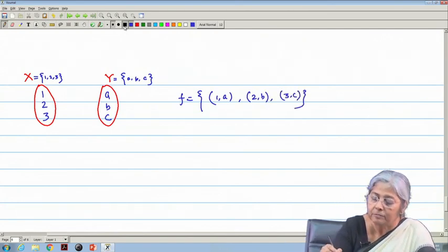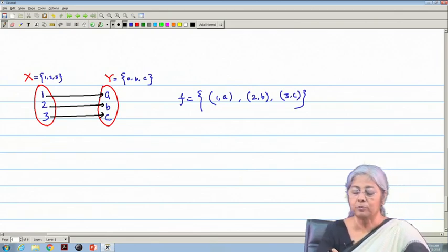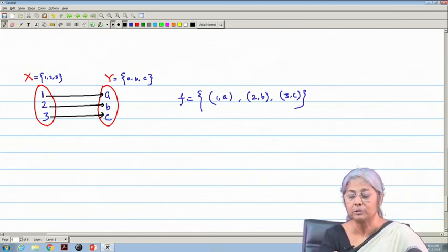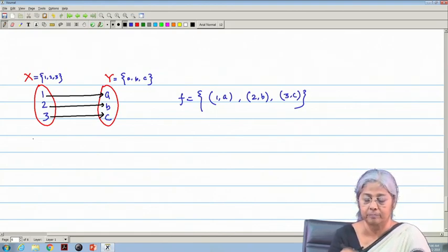Then I give the arrows: 1 is assigned to a, 2 to b and 3 to c. That means for each element of y, for each of a, b, c, at most one value is given, okay, at most one.